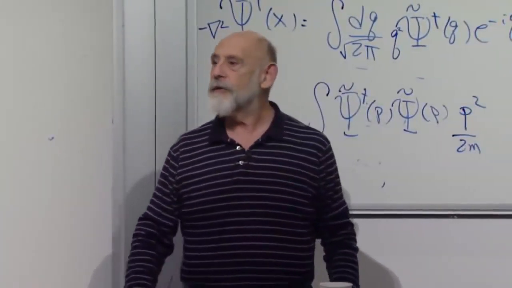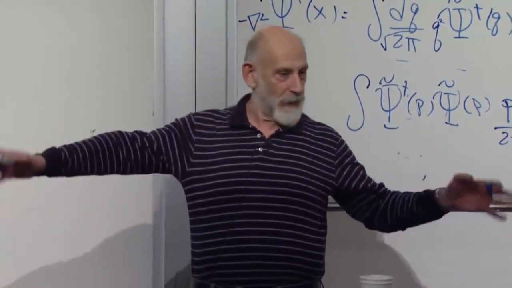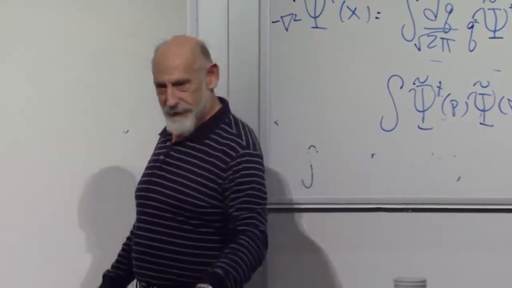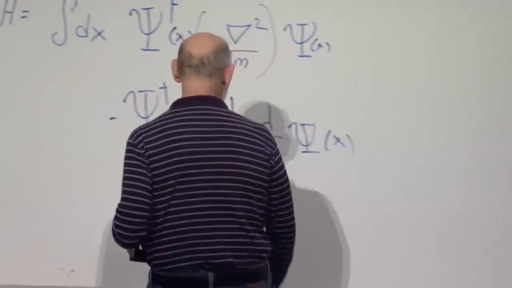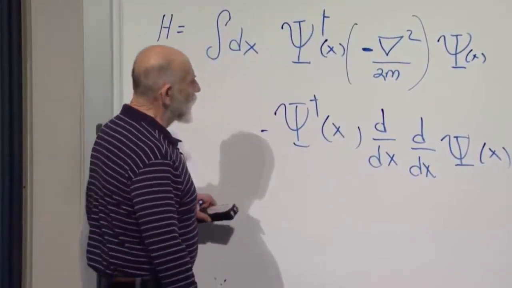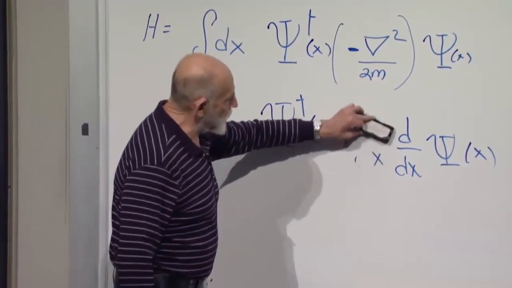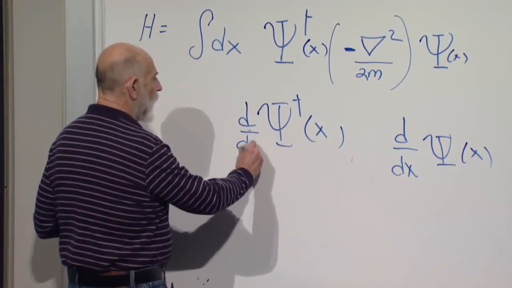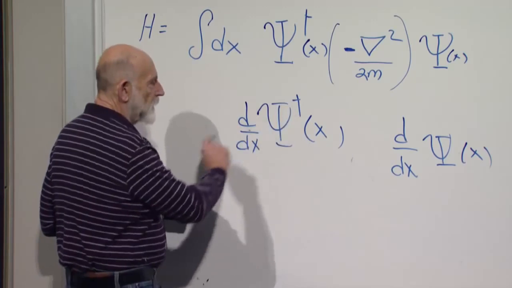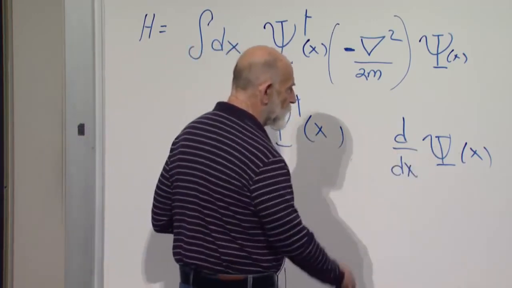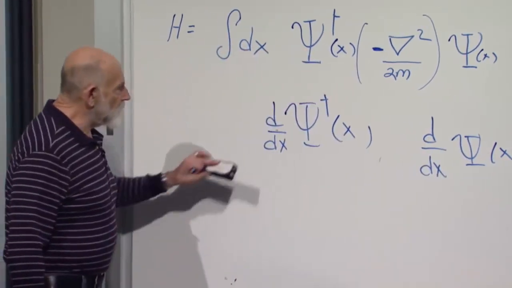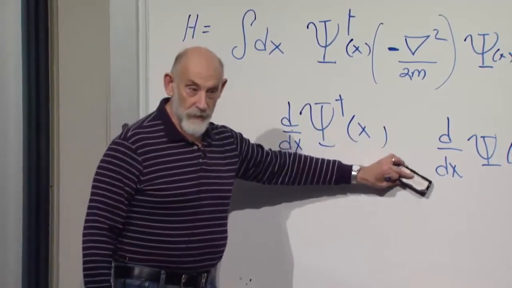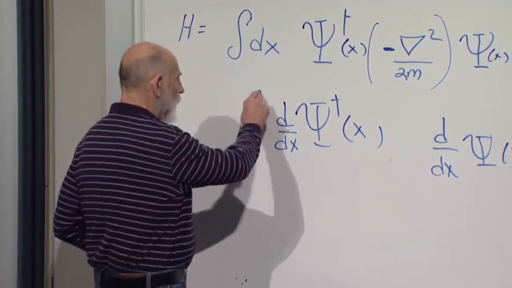Change the sign. You also have to worry about edge effects, but we won't worry about that now. So you can rewrite this as d by dx of psi dagger times d by dx of psi. And now this is just a square of something, and it's positive. Integrated dx.